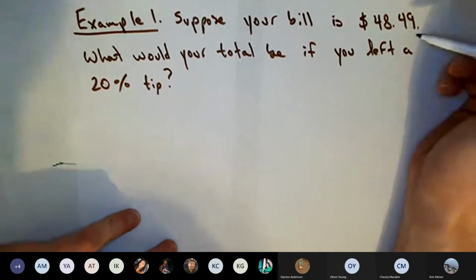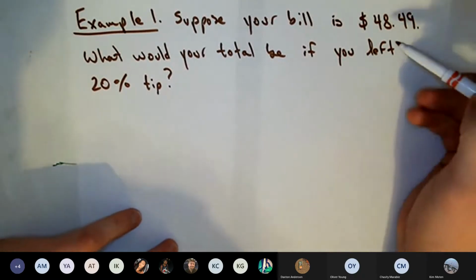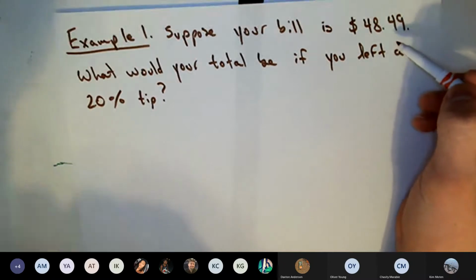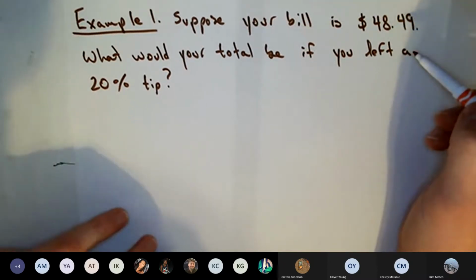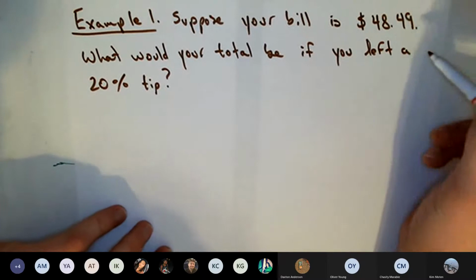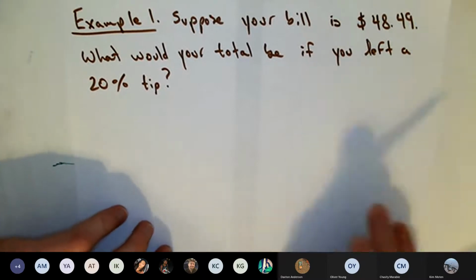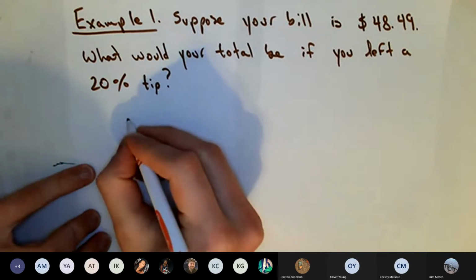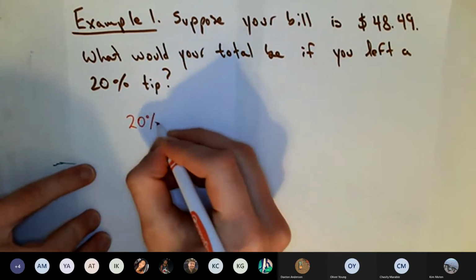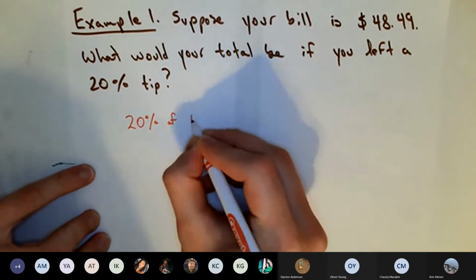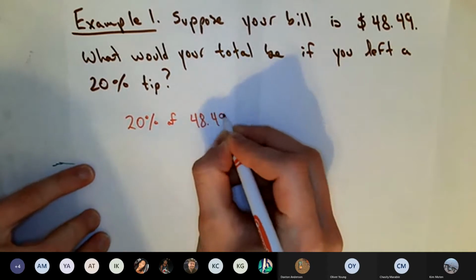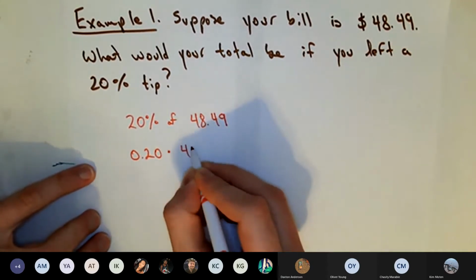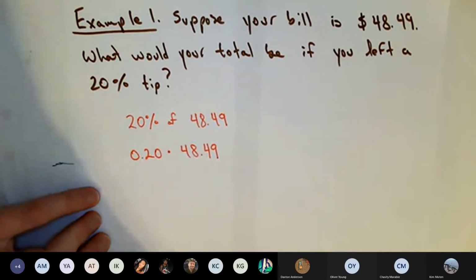You can use sort of the more intuitive way where you just find 10% of this number and then double that, right? So scooting the decimal point out to the left by 1 and then doubling that. Or you can just go straight for finding 20% by setting it up this way, 20% of 48.49, which is the same as 0.20 times 48.49, and finding it that way.